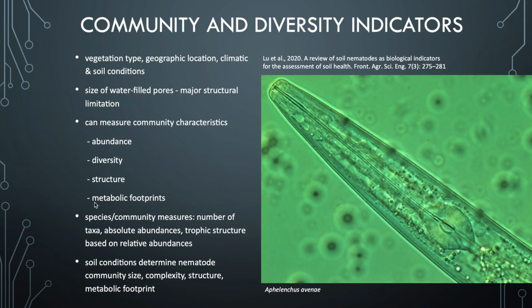So what is excreted via their metabolism into the soil can actually be measured to understand the composition of what kinds of nematodes are present within the nematode community. Species and community measures include the number of taxa, the absolute abundances, trophic structure, so the different feeding groups based on relative abundances. Obviously, soil conditions determine nematode community size, complexity, structure, and the metabolic footprint.